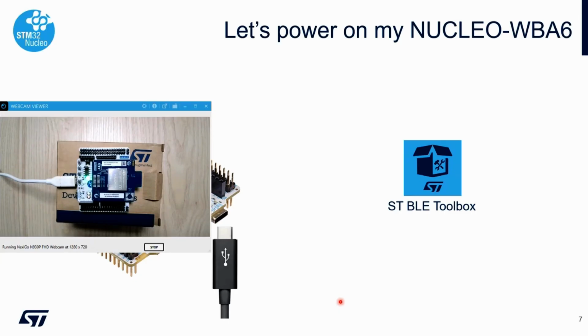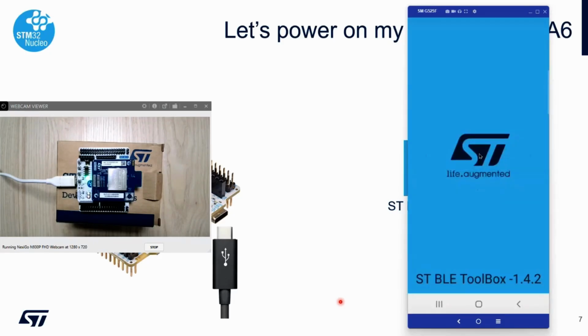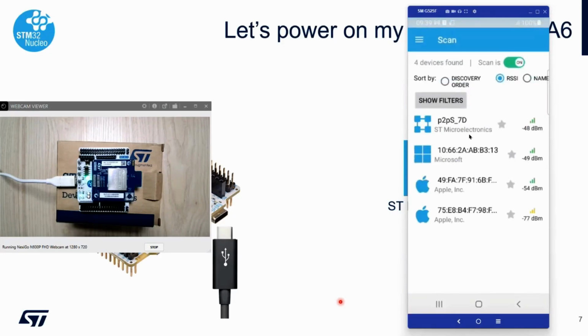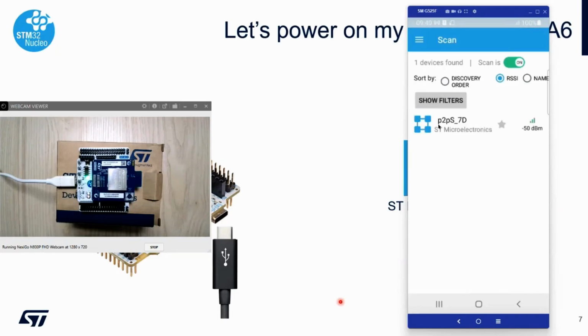So let me share my smartphone, which is on my desk and mirrored to my screen, and I will open my favorite BLE application, which is ST Toolbox from ST, and I will scan for devices around. Okay, I will scan for only ST devices, and indeed, I have close to me the board named P2PS, so P2P server.